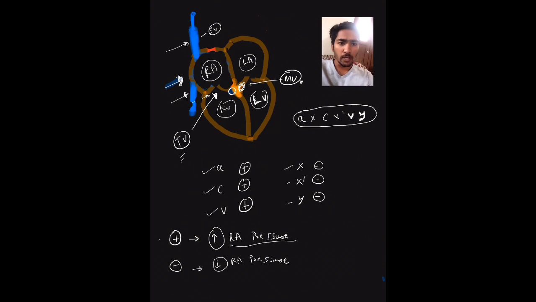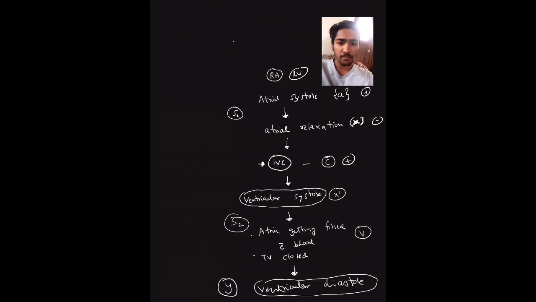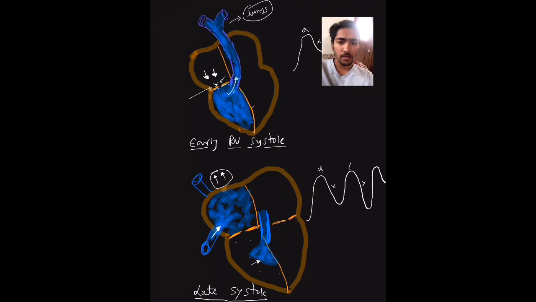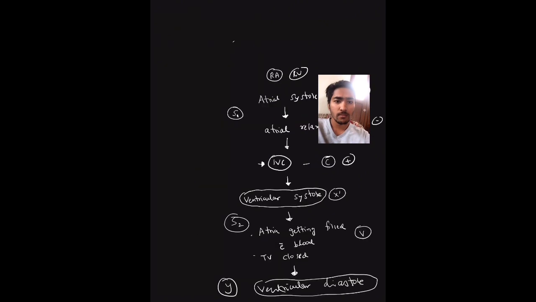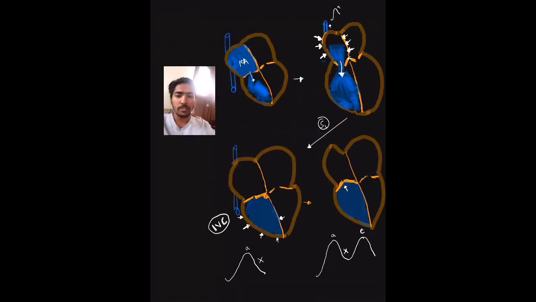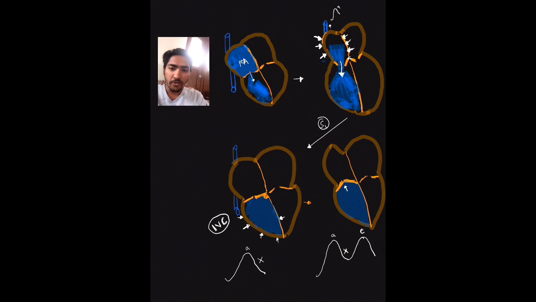So let's go to the next diagram. What I have drawn here is from the starting process. You have the right atrium here.